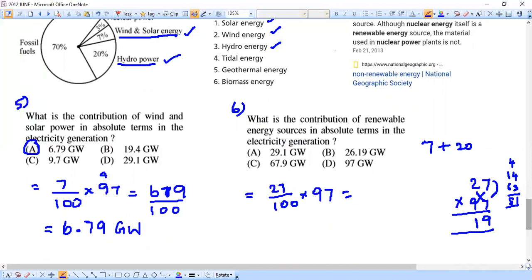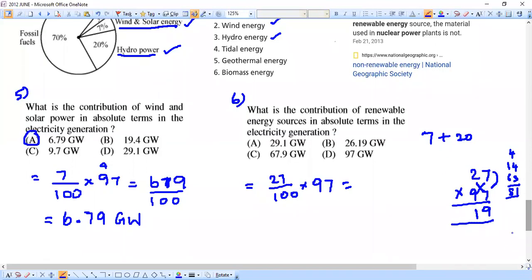I will take this extra space. 8 will be the new carryover. Let me put that 8 here. And the last step is 2 nines are 18, plus this carryover 8, is 26. So 2619 is our answer.